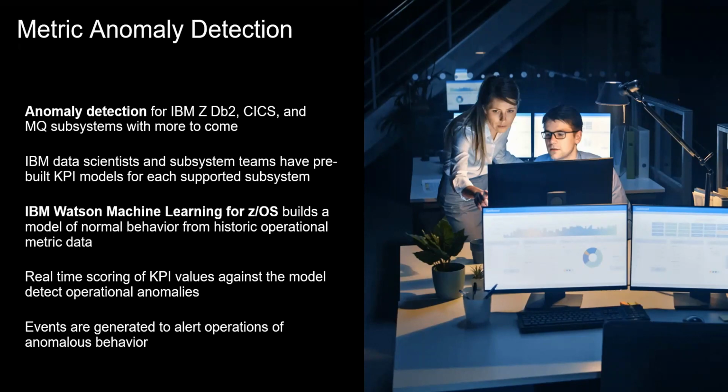So one of the key things that the OMEGAMONs are working on is being able to use data streaming to stream some of those KPI values out to various analytics targets, whether it be Elastic or Splunk.